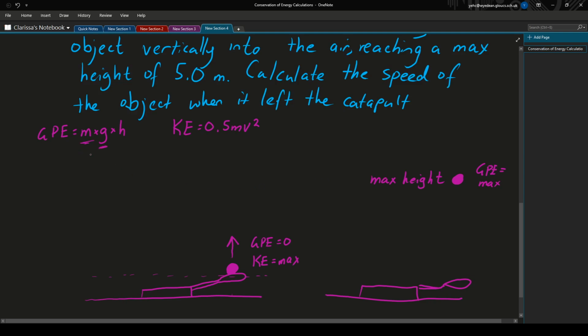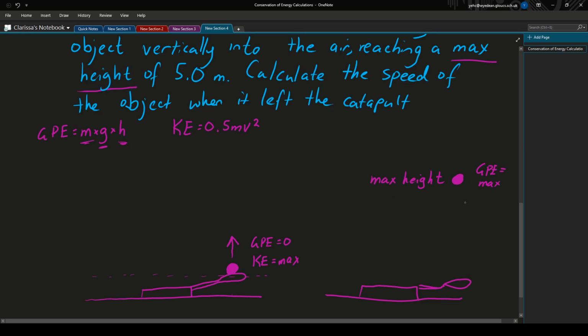The gravitational field strength of Earth isn't going to change, but what changed is that h became the biggest possible. From the question, it said it reached a maximum height. So at this point, it's at its maximum gravitational potential energy.